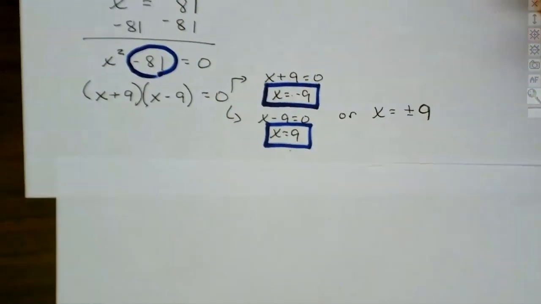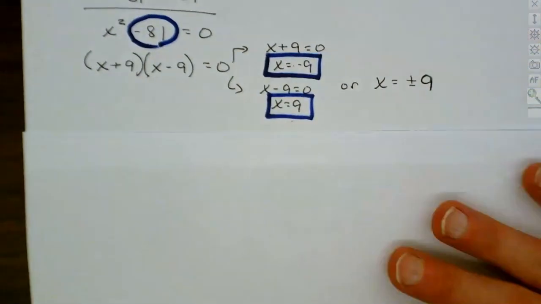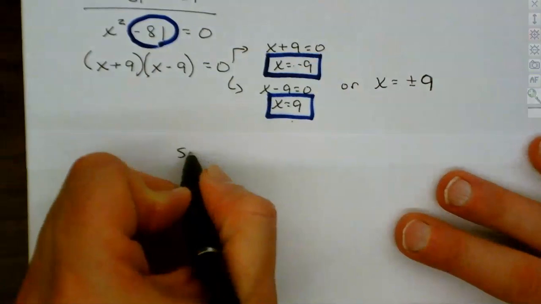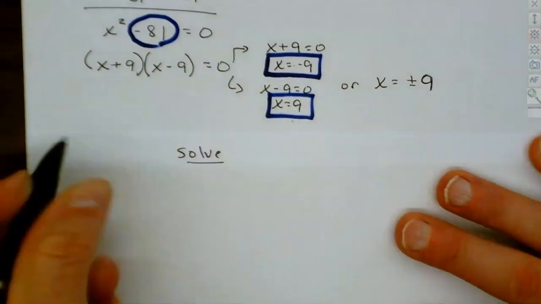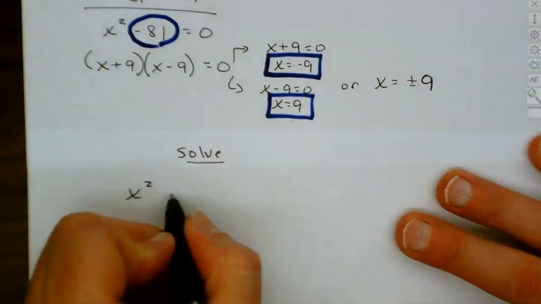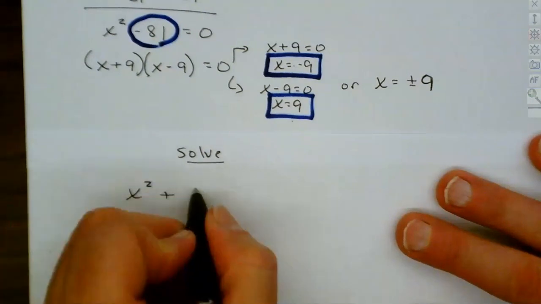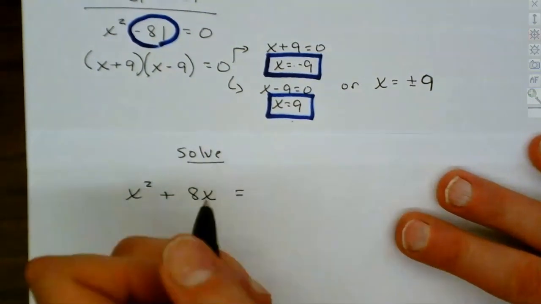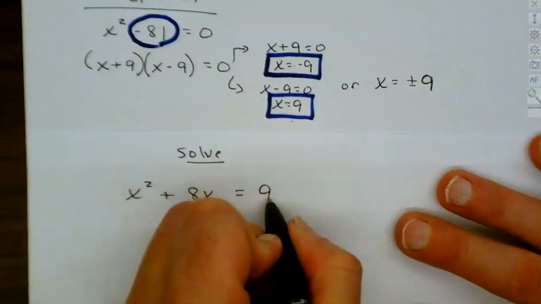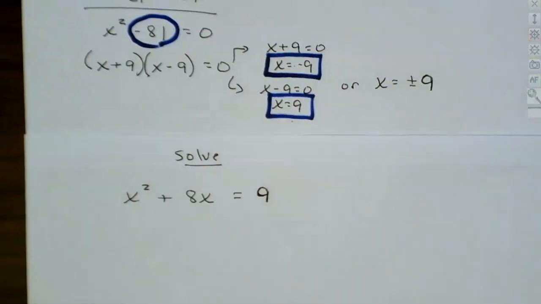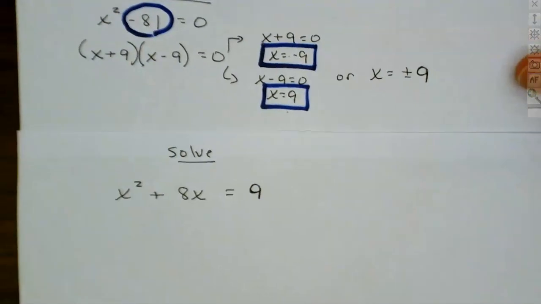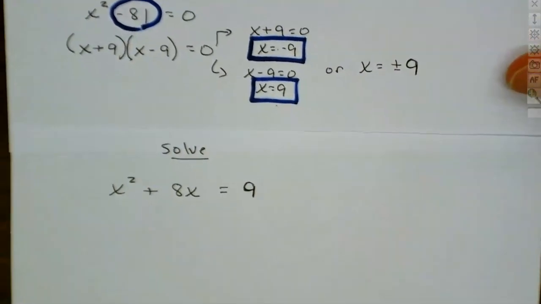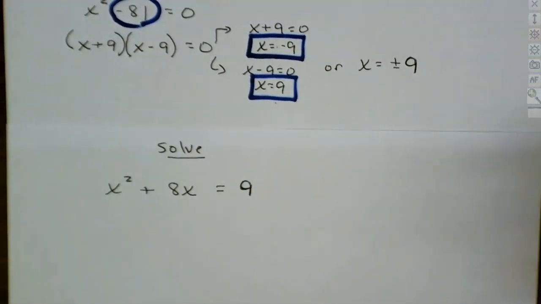Let's look at one that requires us to factor a really easy trinomial. So, how do we handle this one? Well, what do we always need to do first?